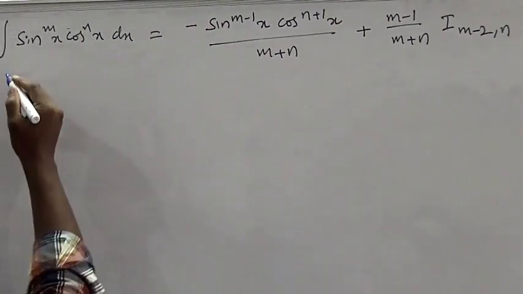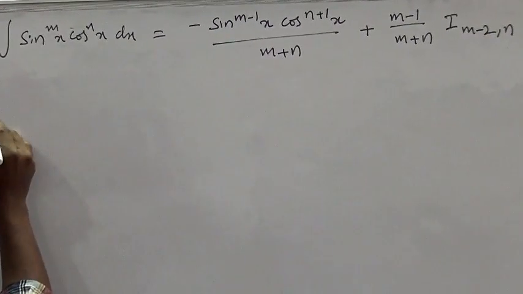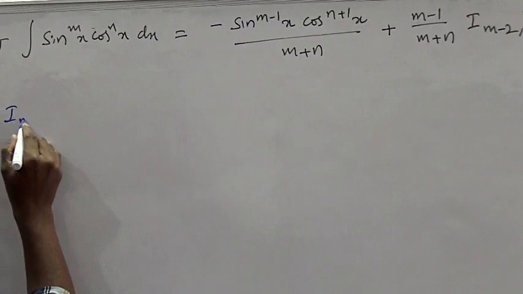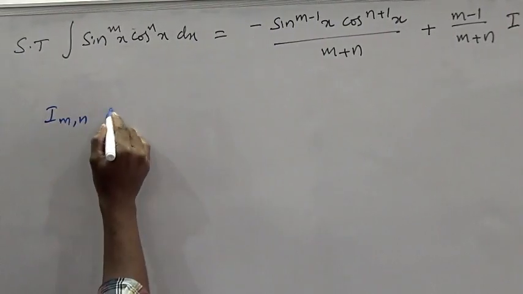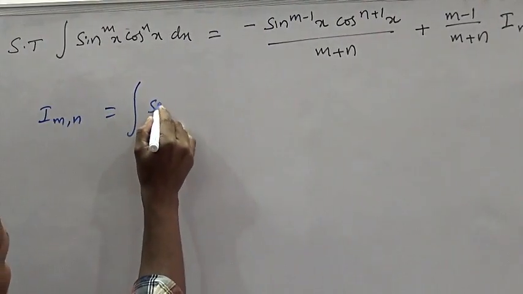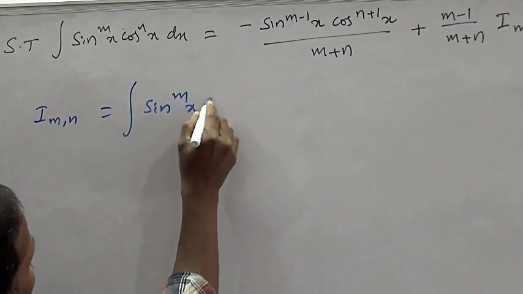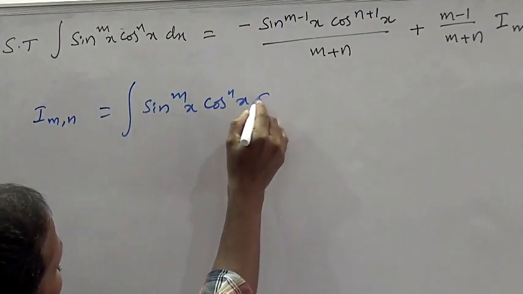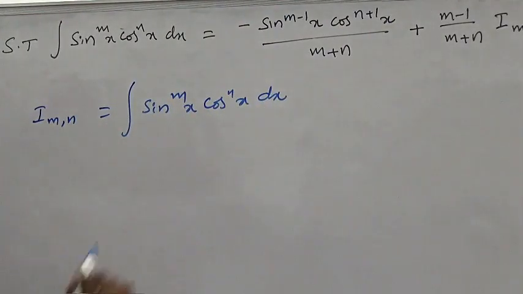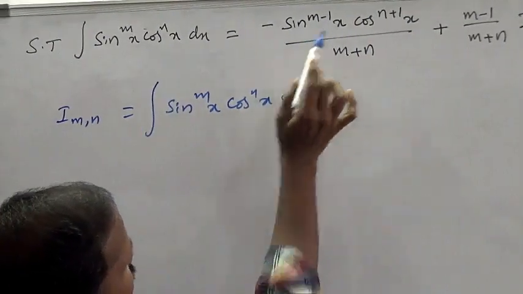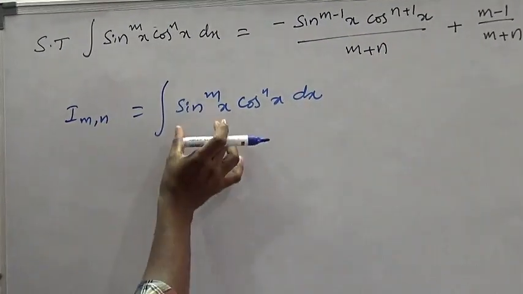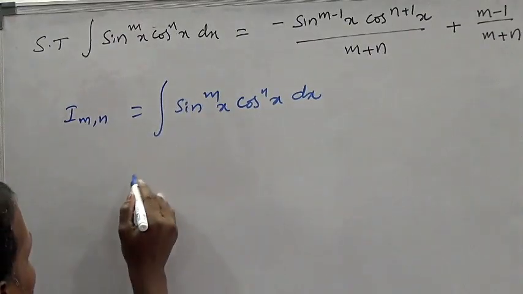So I will consider this as I(m,n), because two integers are there: the integral of sin^m x cos^n x dx. In our result, sin^(m-1) x is there, so I will split this sin^m x.